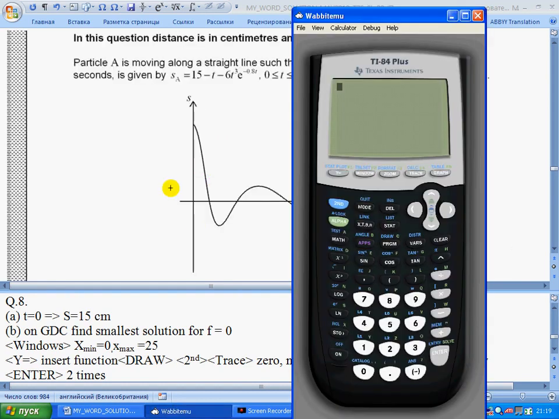Okay, let us look at the function. So y equals... if you have the function here, you should create it.